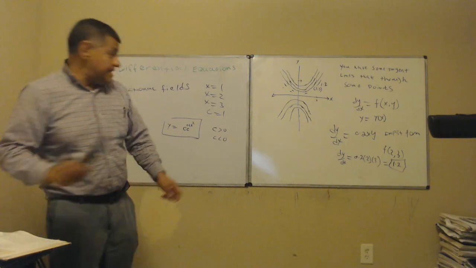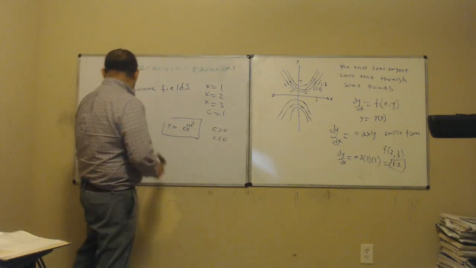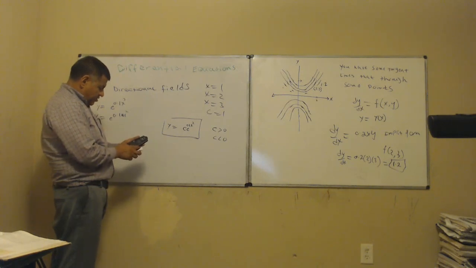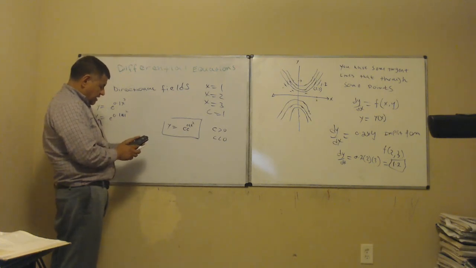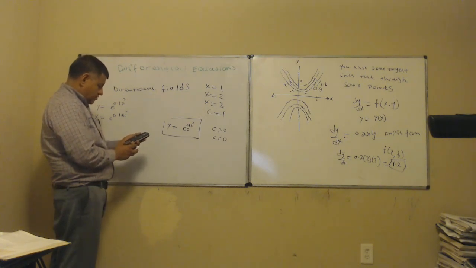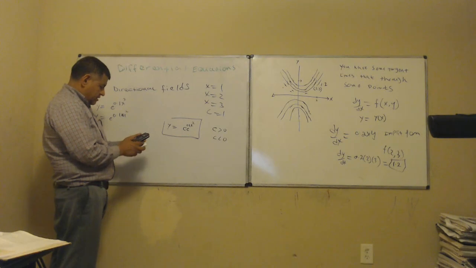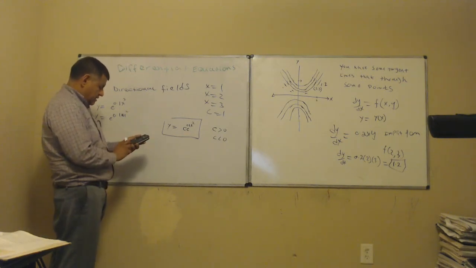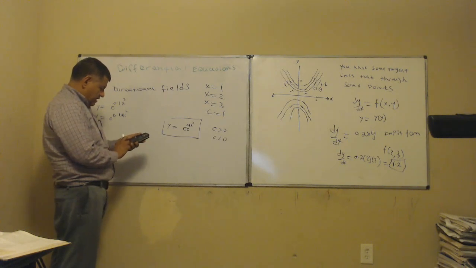We know that e is equal to 2.71, but because it has decimals, we need to use a little calculator. So 1 times 1 squared, right?